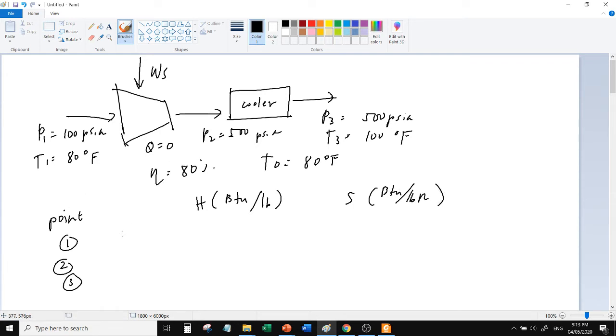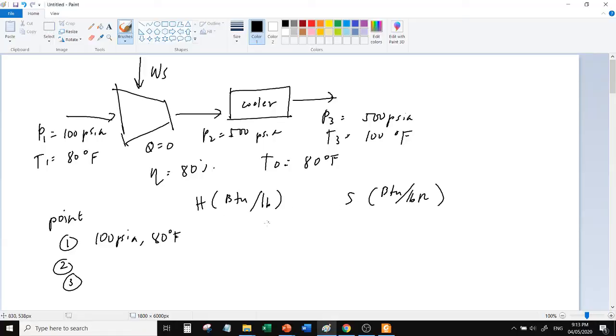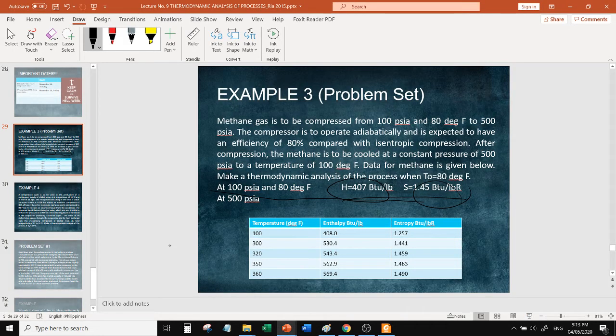Okay, so for this point, 100 psia and 80 degrees Fahrenheit, we can read the properties from the given, 407, and so on. So, let's copy it. And then, the next is 500 psia.